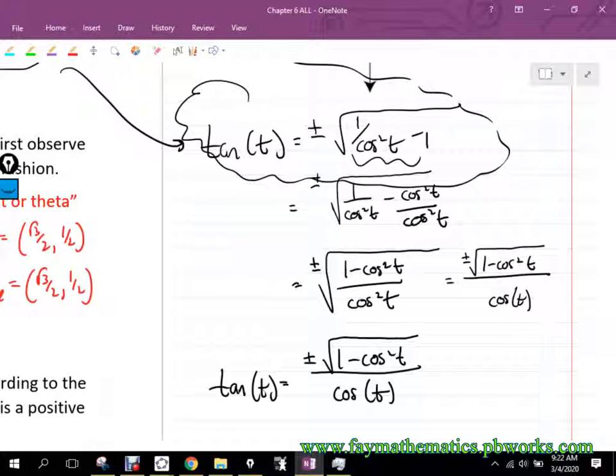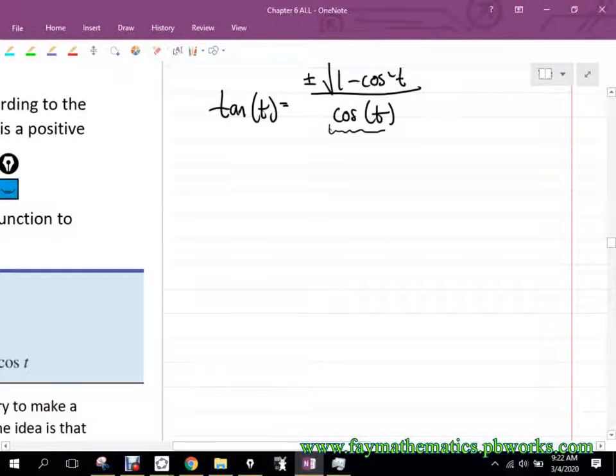The bottom though, when I put in cosine of t, and t had to be in what quadrant? Third quadrant. Cosine in the third quadrant, what kind of number is that? Negative. So right now, this thing here is contributing a negative to the overall process. But I want tangent to be what in the third quadrant? Positive.